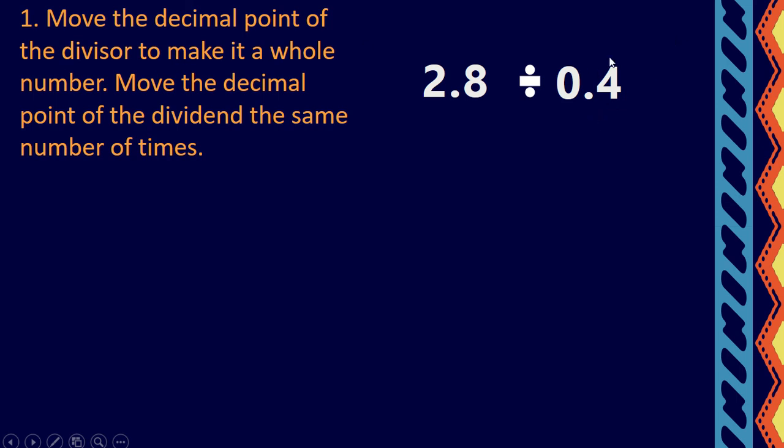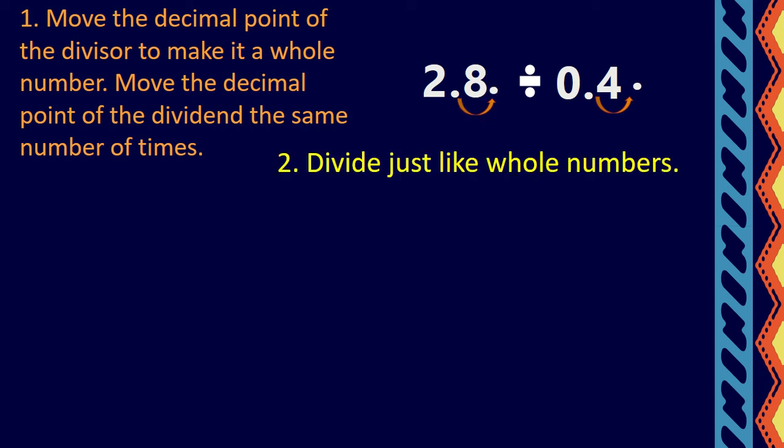To make it a whole number, you will move it once. Then move the decimal point of the dividend the same number of times. You move this once, so you will also move this once. So we now have 28 divided by 4.